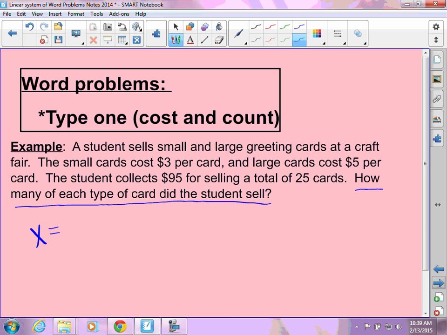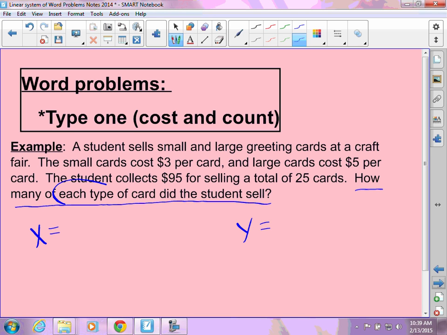What do we want to assign X? X equals, what about the cards? How many were sold? Now, I've got 2 types. This is the kicker. How many of each type of card?